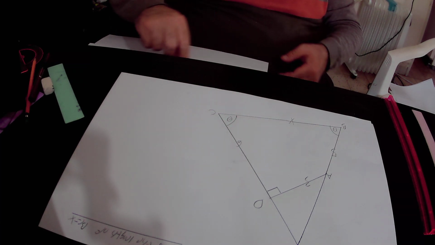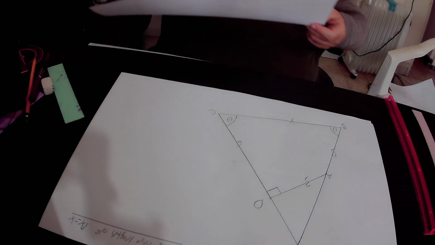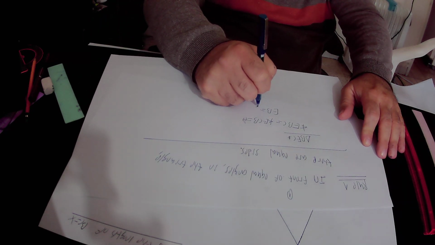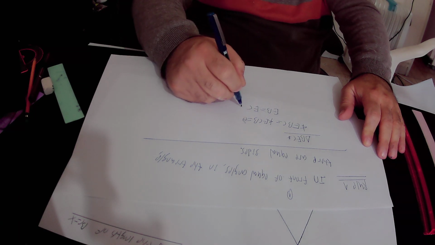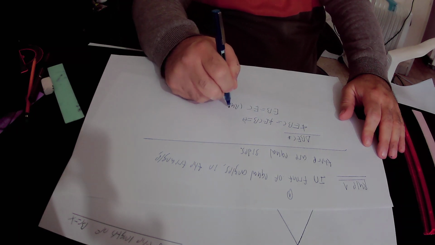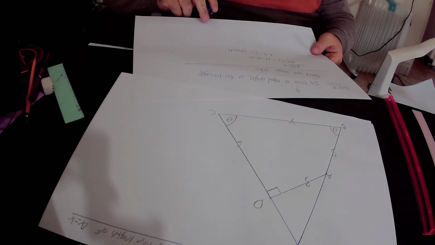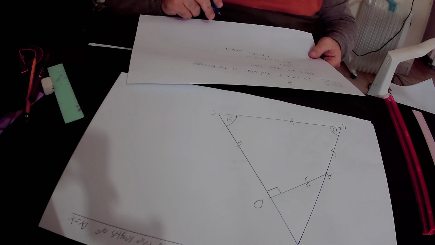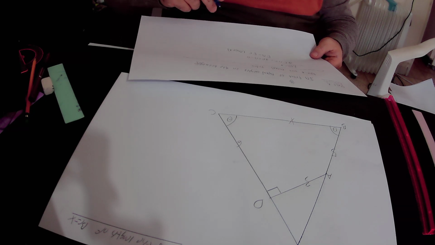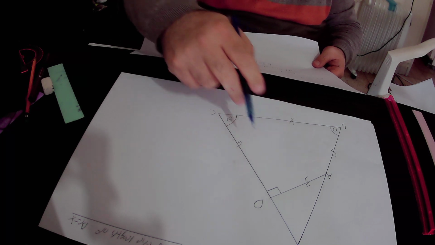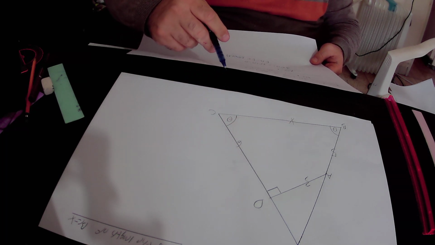So EB equals EC according to rule number 1.